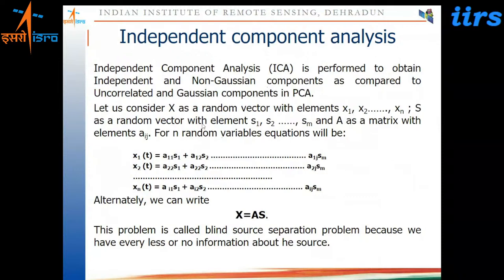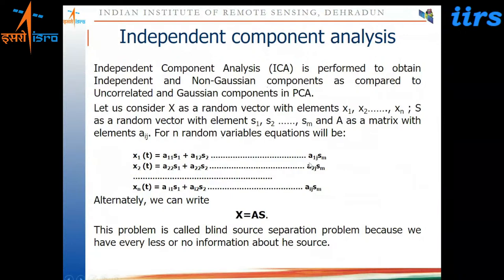For each and every line, a11, a12, a13 up to a_ij, we are taking the numbers as constants, and s1, s2, s3 are the number of observations made. So the equation comes to x equals A s, and this is the equation of the independent component analysis.